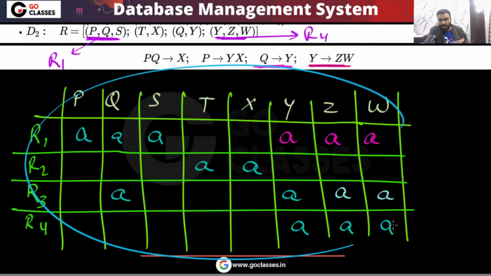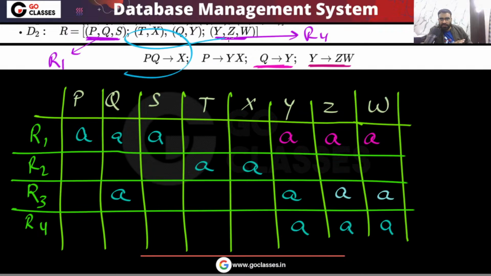Now you can notice at this moment, whatever FD you apply, no more changes you can do. And also there is no tuple with all entries a. So I can stop and I can say this is a lossy decomposition. Is this point clear?